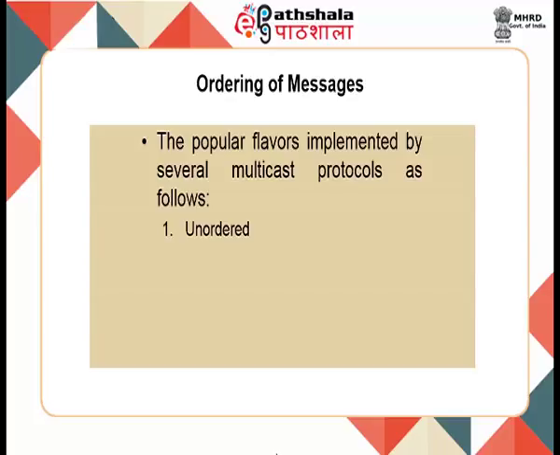One is unordered, where the application does not expect the provider to give any ordering. That is the best effort that we mentioned. The second is FIFO order, which is first in first out order. The third is causal ordering, and the fourth is total ordering. Any one of these four will be guaranteed by the service provider.